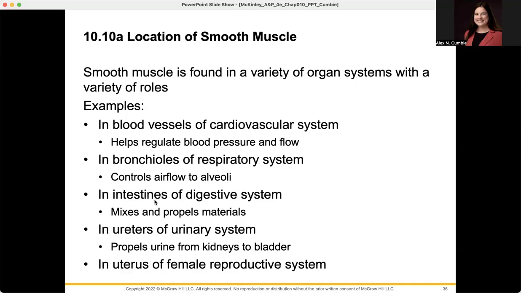Your intestines do this to mix and propel materials through that system. Your ureters do this to move urine from the kidneys to the bladder. And in the female reproductive system, the uterus does this in order to move materials like unfertilized eggs or even parts of the lining of the uterus out of the body.